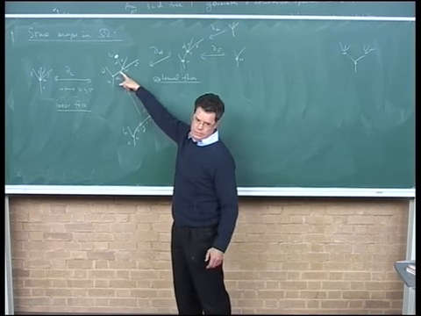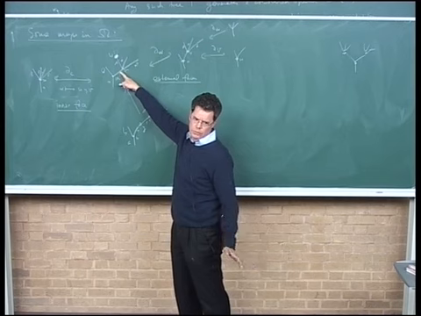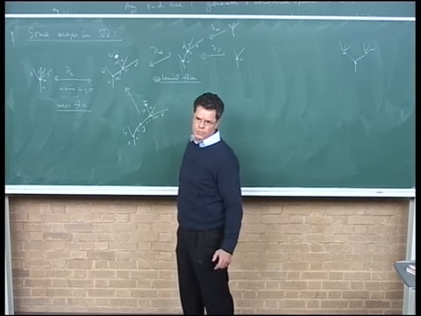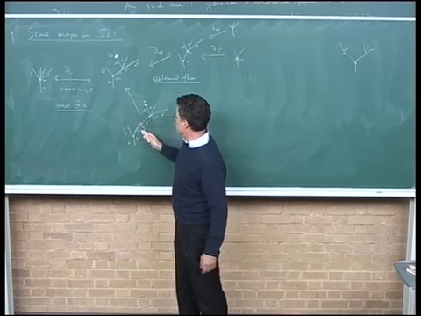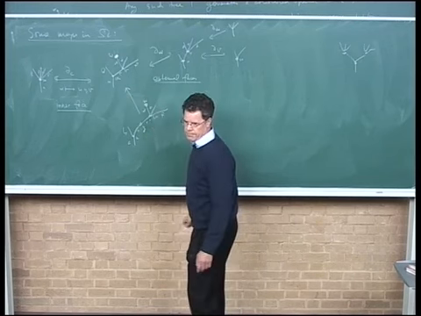The identity is not a vertex here. So I never said vertices should go to vertices. Vertices can go to composition of vertices, composition of 2, or composition of 0.